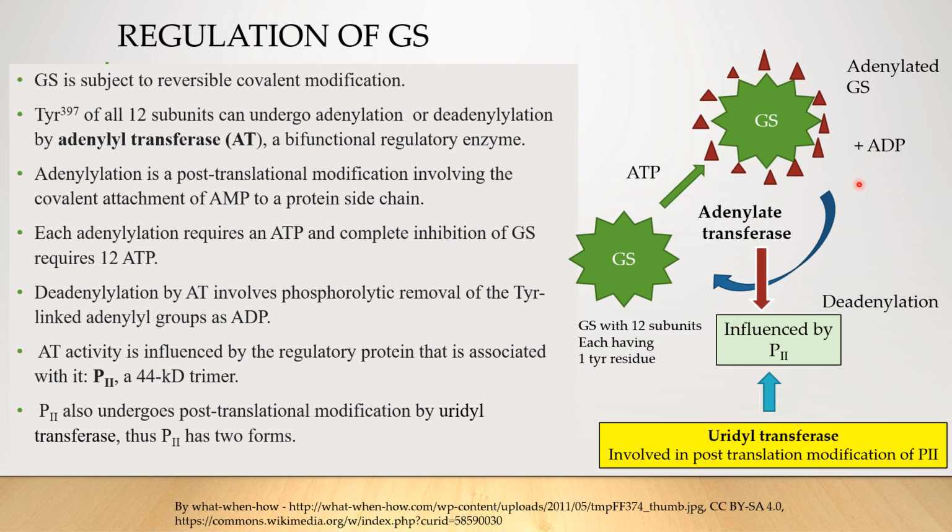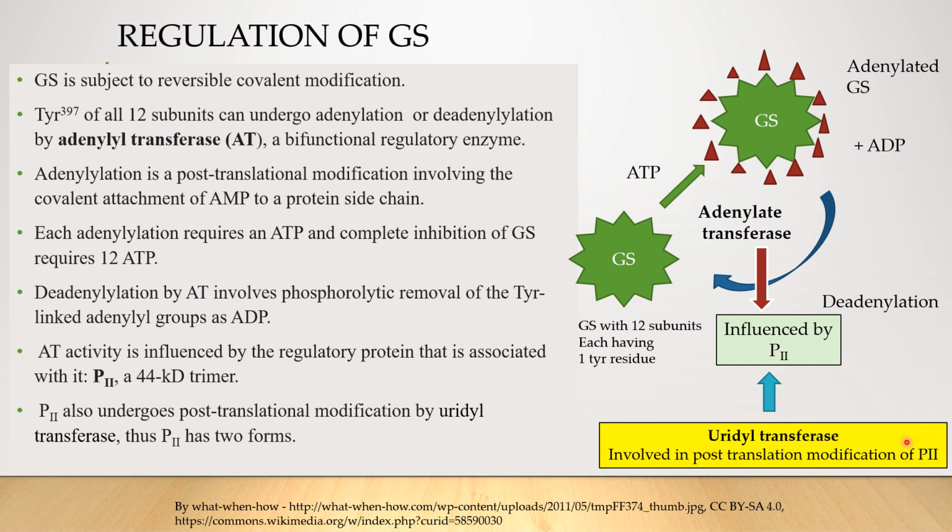This AT activity is influenced by another regulatory protein associated with it, the P-II protein, which we call P2, a 44 kD trimer. So this adenylyl transferase deadenylation activity is regulated by this P2, and this P2 undergoes post-translational modification again, by uridyl transferase.